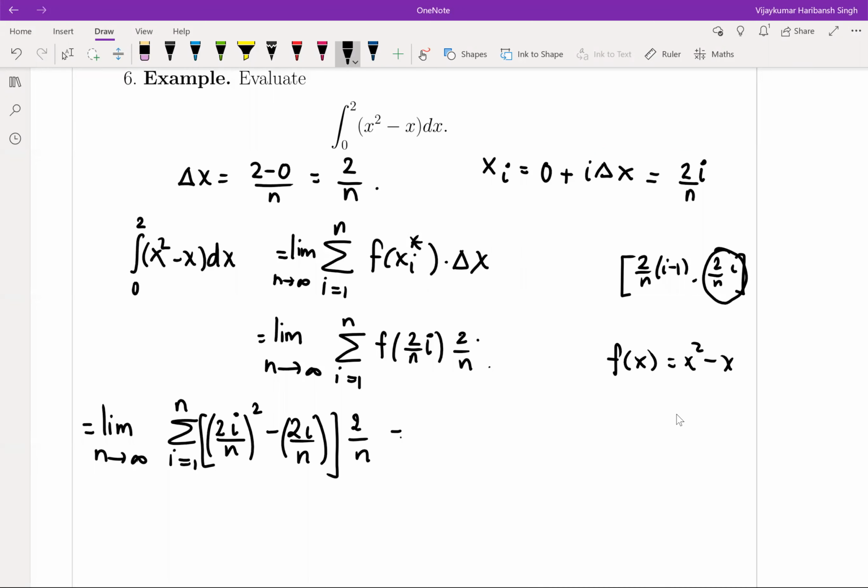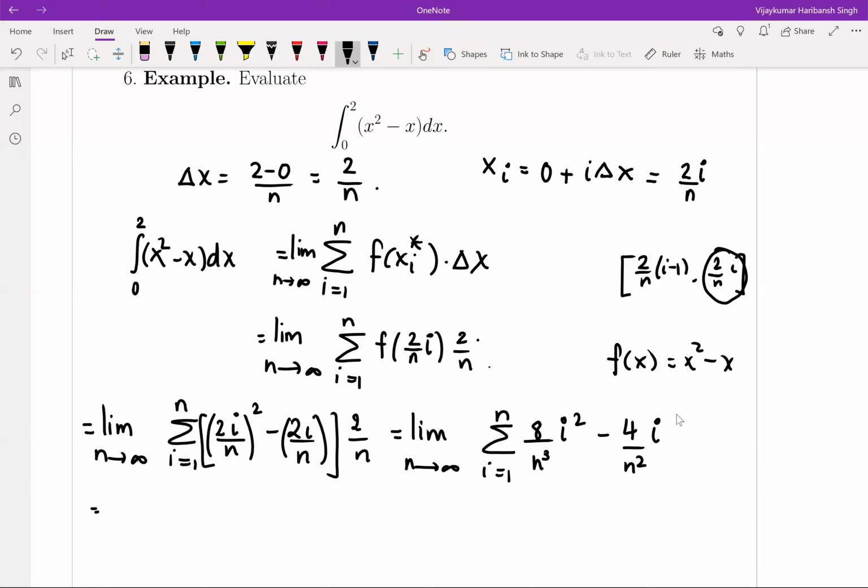So let's multiply this out. This is going to be limit as n goes to infinity, summation i going from 1 to n. 2 square is going to be 4, 4 by n square multiplied by this 2 by n as well. So it's going to be 8 by n cube times i square. And the next one is going to be 4 by n square times i.